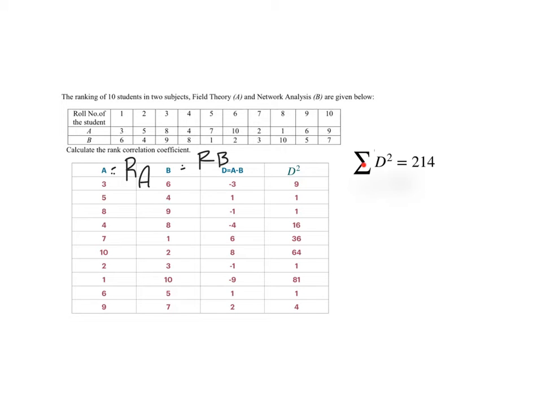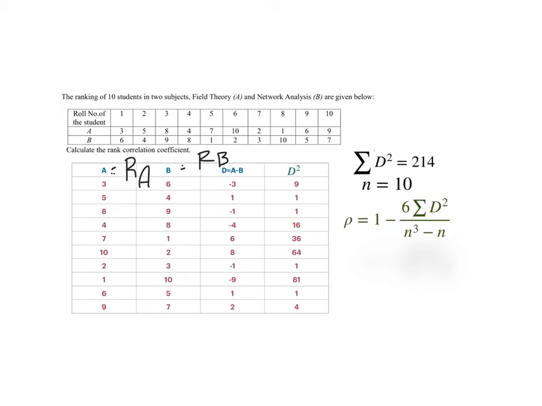The summation of D square is calculated as 214. Then we take how many entries are given. For 10 students, N will be 10. Then we write down the formula: rho is equal to 1 minus 6 times summation D square divided by N cube minus N, where N is the number of entries.